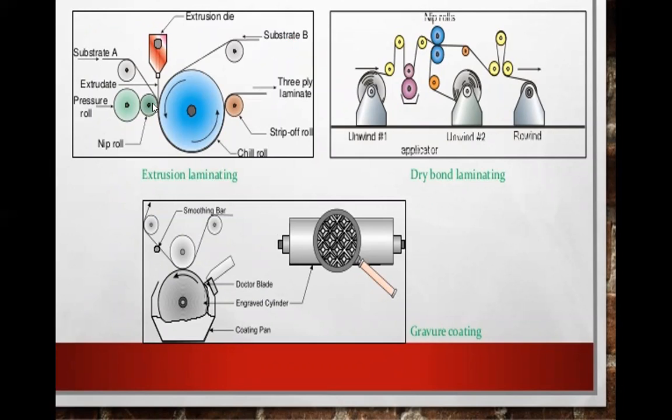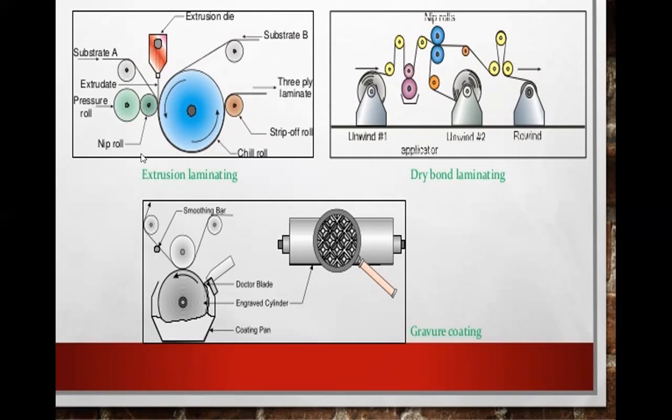And these nip rolls are there to maintain the thickness of the plastic sheets. Chill rolls are there to cool the sheets. And this is substrate B. This is substrate A. An extrusion die should be poured in this, and pressure should be applied through the pressure rolls to maintain the thickness.